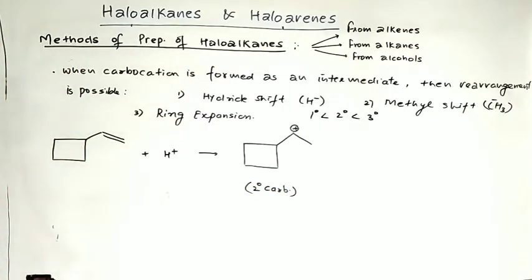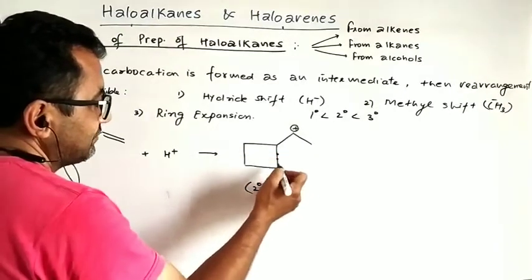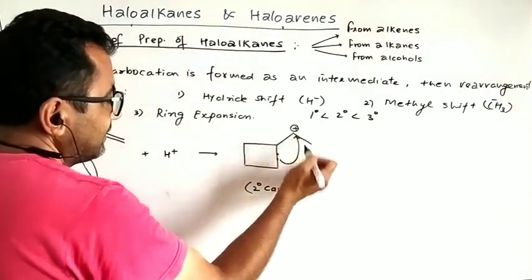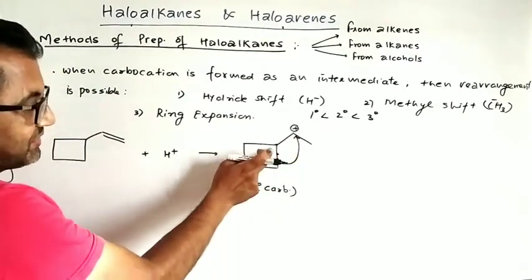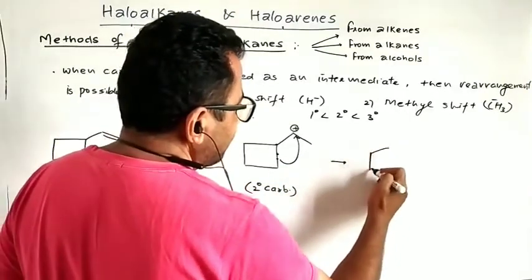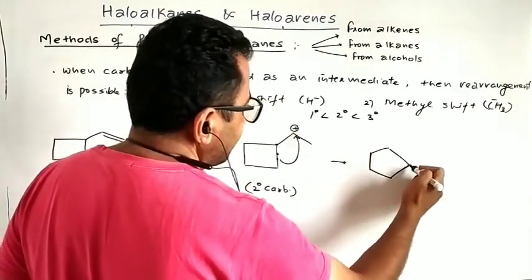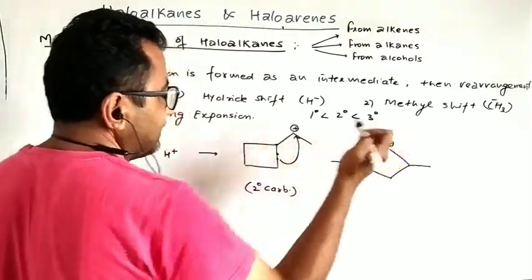There may be a hydride shift to produce a 3 degree carbocation, but if there is a ring, there is ring expansion. Like this carbon, these 2 electrons, they add here, and positive charge will appear on this carbon because these electrons are moving. So we get a 5-membered ring with methyl and positive charge on the adjacent carbon.